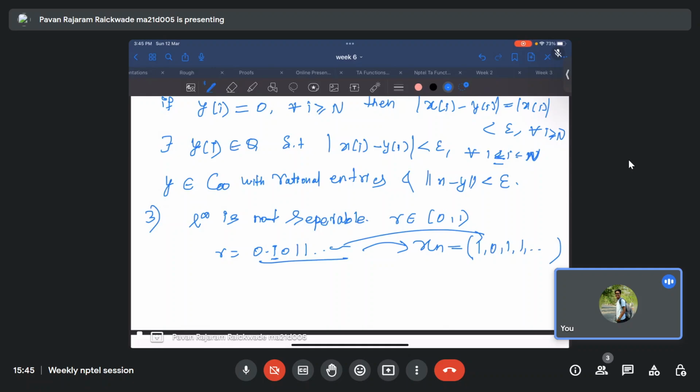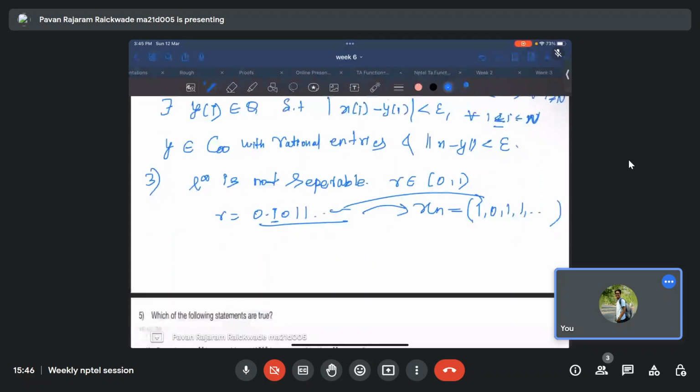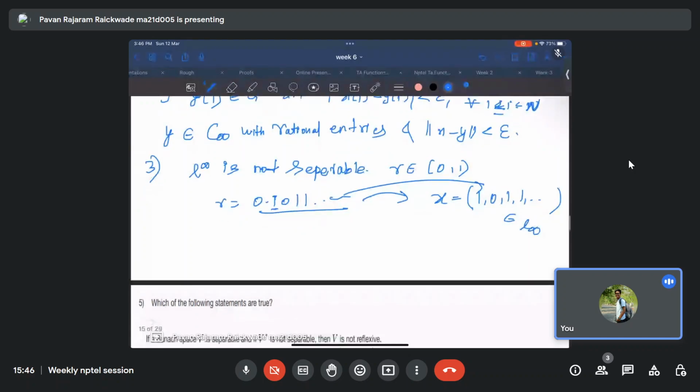So for every real number in 0 to 1, you can define an element of L infinity, because the supremum is 1; it's just 1 or 0.